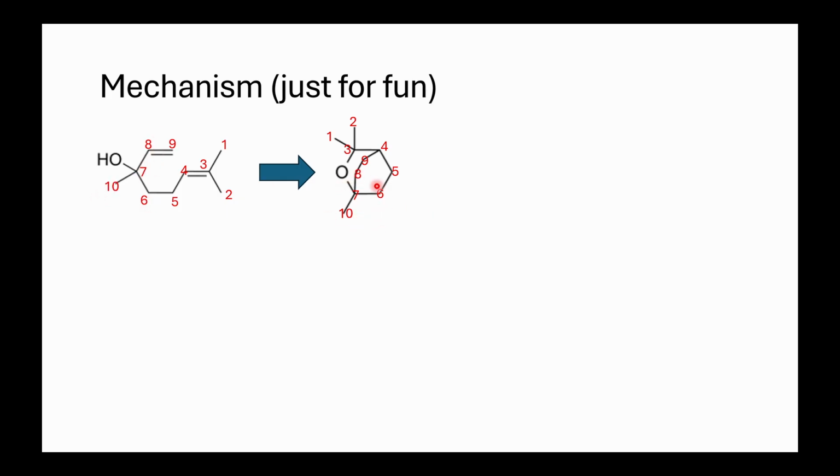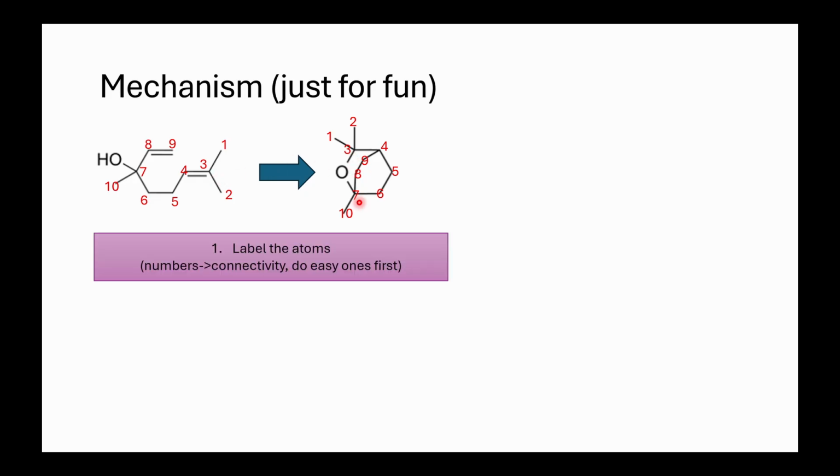So you just label those carbon atoms. The second very identifiable carbon is number 3. So 3 is linked to 2, 1, and 4. Do the easy ones first, and the rest you just have to go through by process of elimination. 5 and 6 can swap with 9 and 8. It doesn't really matter, they're symmetrical.